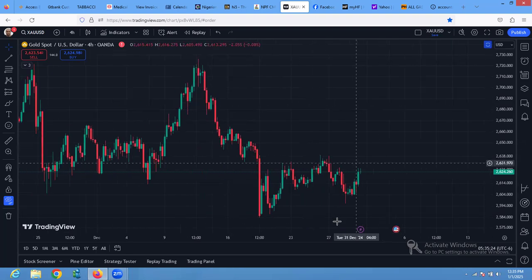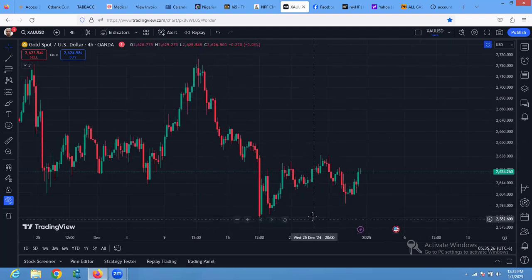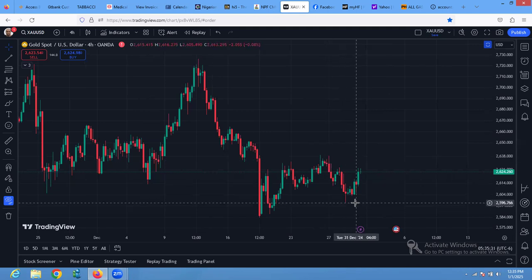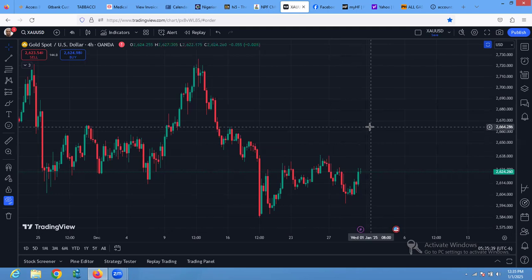Now, if you take this as an X from the bottom here to this point, the retracement around this area is about 76.5, which could be good for an X push to the upside to give us a Y leg. So now the 76.5 is what we are going to be looking at on either side.